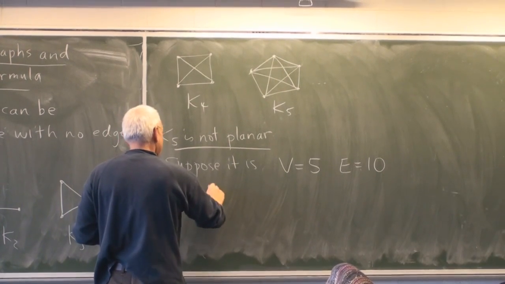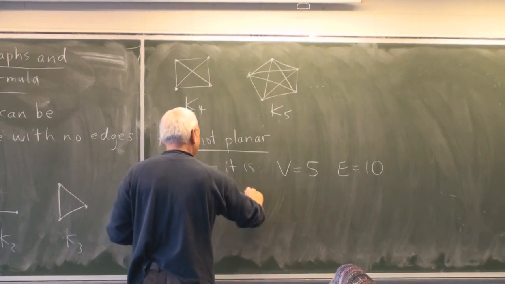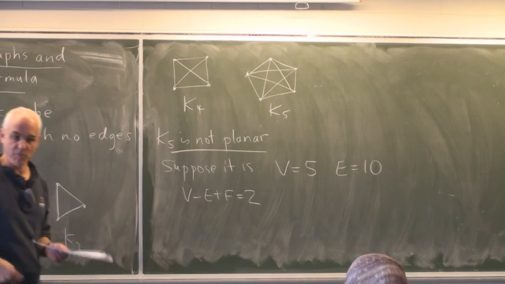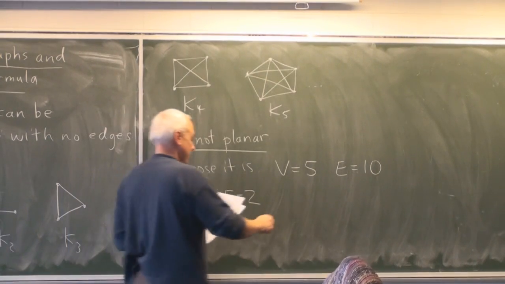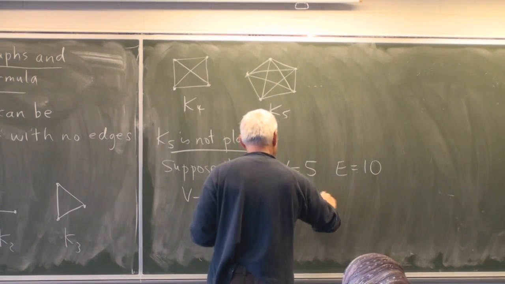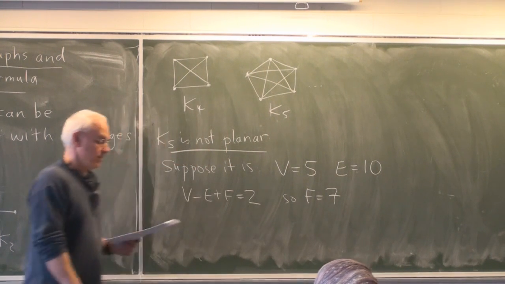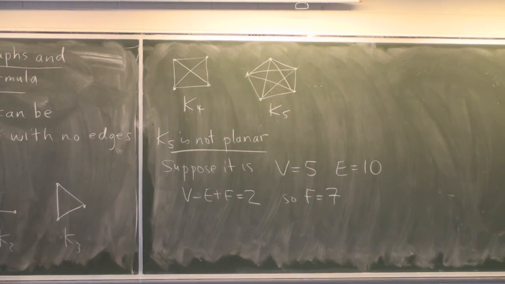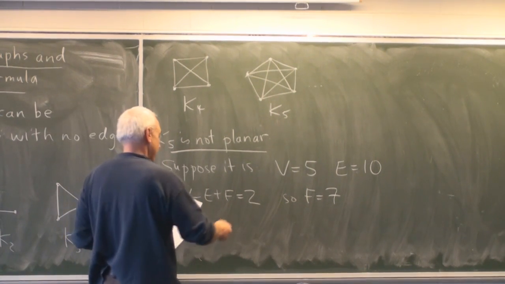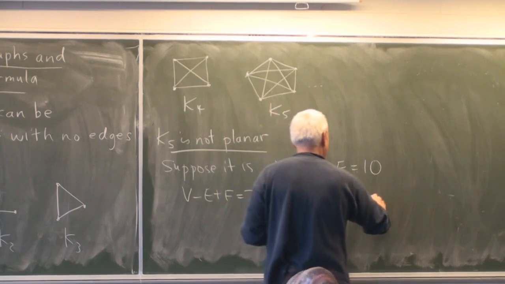And since V minus E plus F equals 2, which is a formula valid for planar graphs, it would mean that F would have to be 7. So there would have to be 7 regions in which this graph cut the plane. That's including the outside.